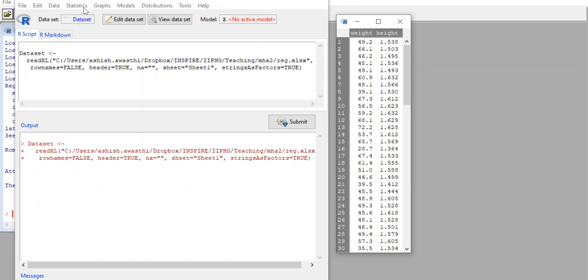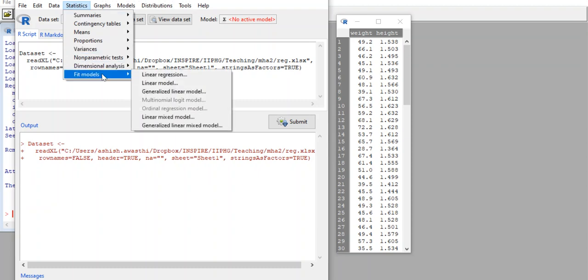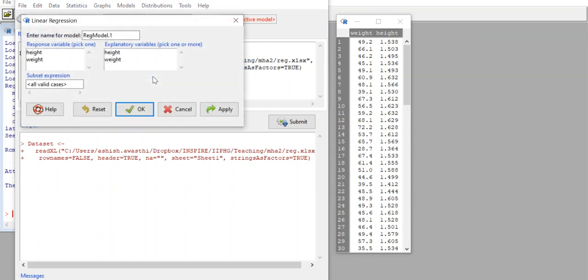To calculate or to perform a linear regression, you have to go to fit models. In fit models, the first option is linear regression. You have to click on this linear regression. Once you click on this linear regression, a new window will pop up.